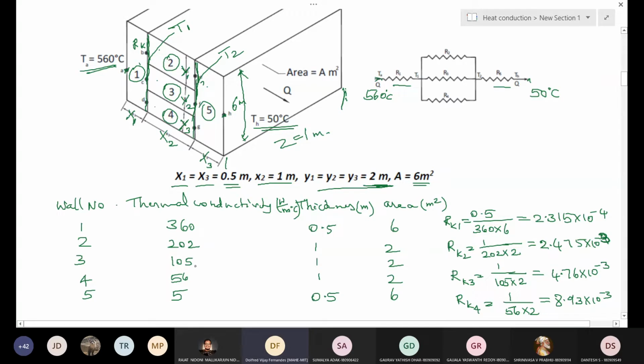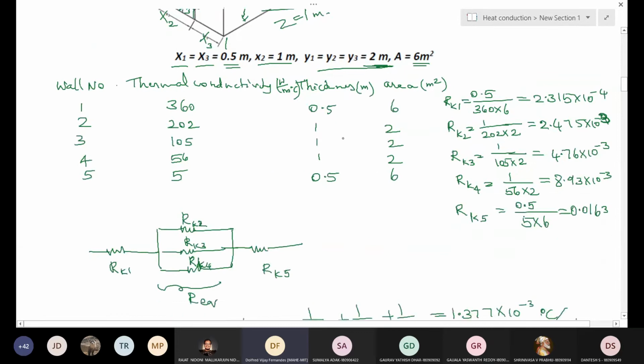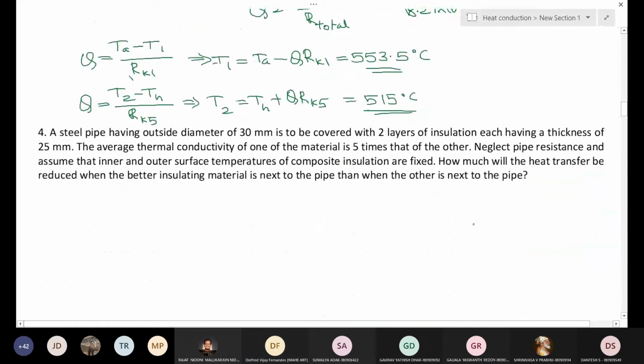So check it. You calculate from the heat transfer rate through the second wall. How do you do that? Already we have the interface temperature T1 and junction T2, which we obtained earlier.